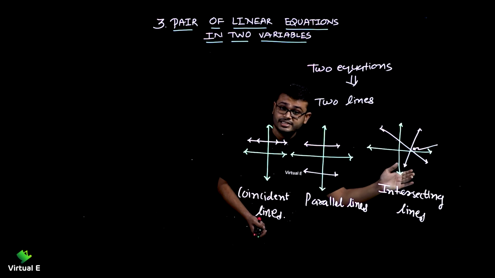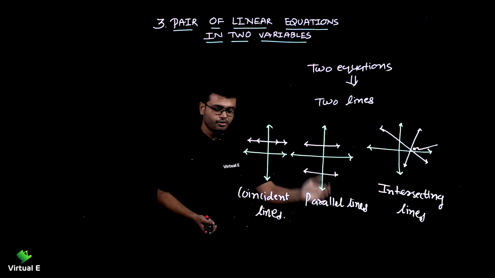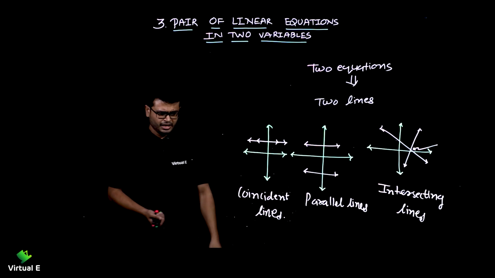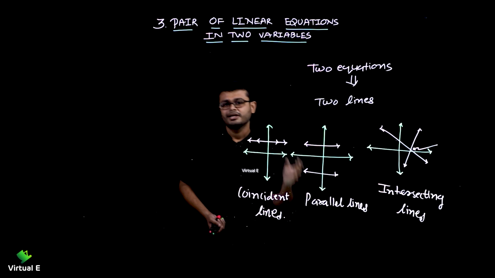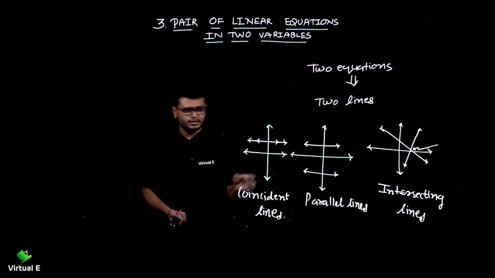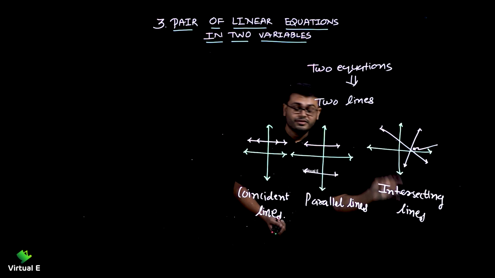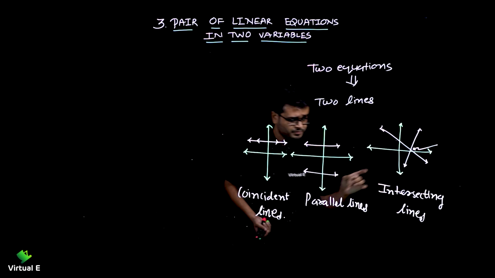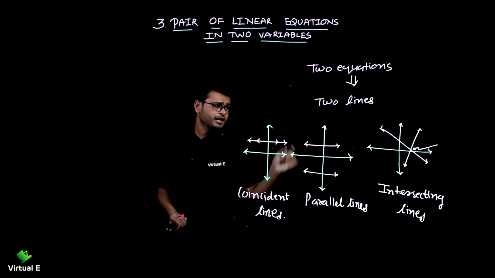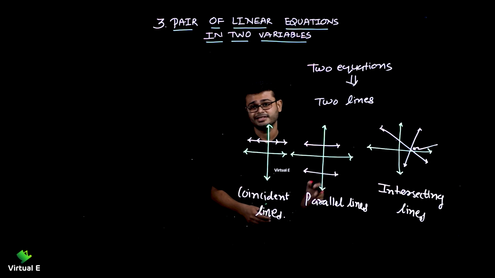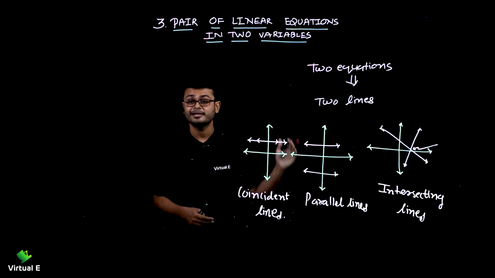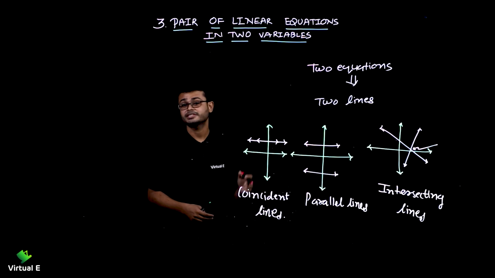Either they are intersecting, parallel, or coincident lines. When we talk about parallel lines, obviously we are not going to have any intersecting point. But this is the first important case where we are going to have an intersecting point. So we are interested in the nature of lines.